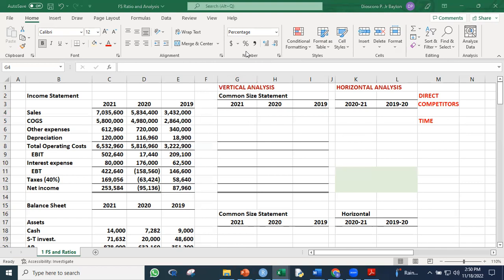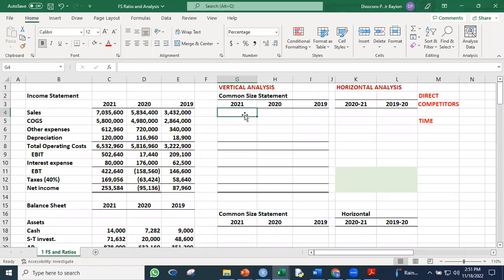Okay, Vic, we have an answer here. C4 over C8. Okay, let's see. Can you explain, Vic, what that formula is? Basically, if you are to find the common size statement for 2021 in sales, we are to divide the sales of 2021 by its total operating costs in 2021 as well.